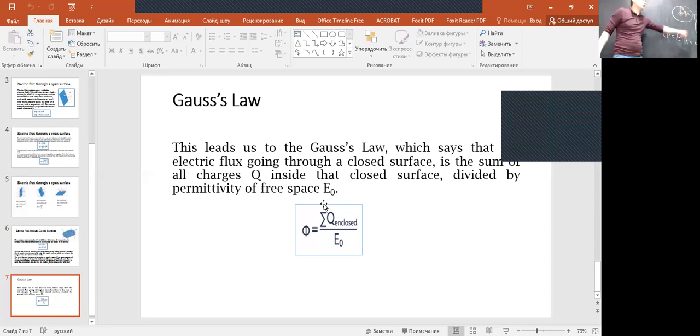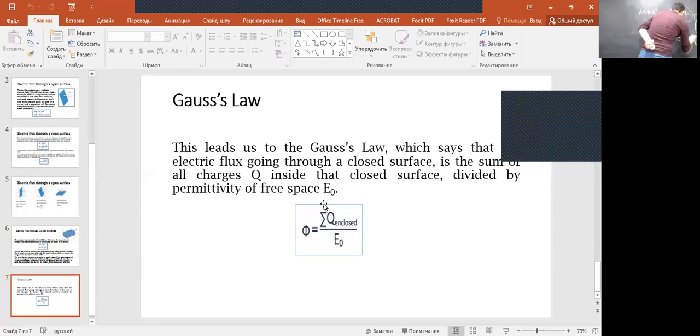What about the total area of the sphere? Yes, the area is 4 pi R squared. So we put 4 pi R squared instead of A.